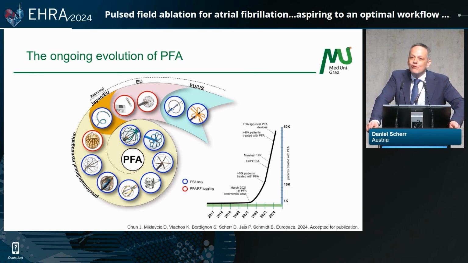We talk about first-generation devices for PFA, and there is more to come and improvements to come. And point number three, the most data we have accumulated is on the pentaspline catheter, with 50K plus patients treated worldwide so far. Other companies, other modalities are coming, but for the sake of my talk, I'm going to focus on the pentaspline catheter and the data accumulated with it.